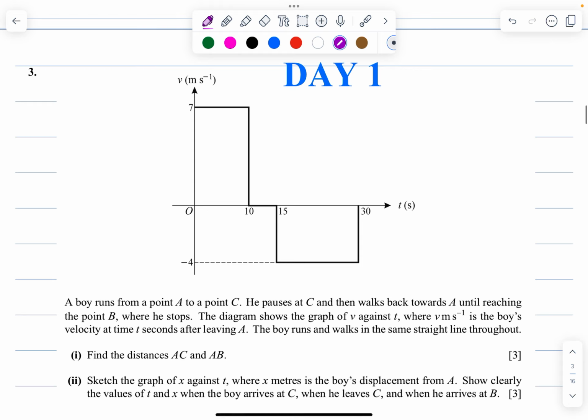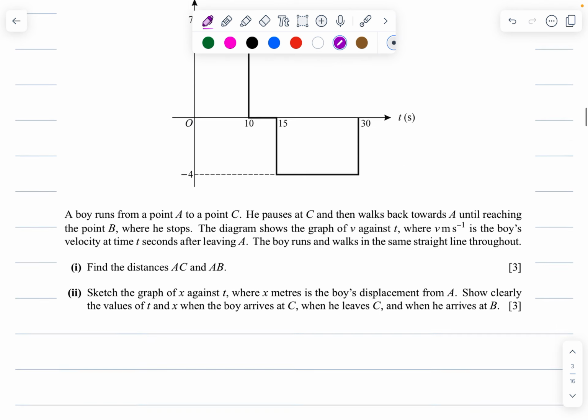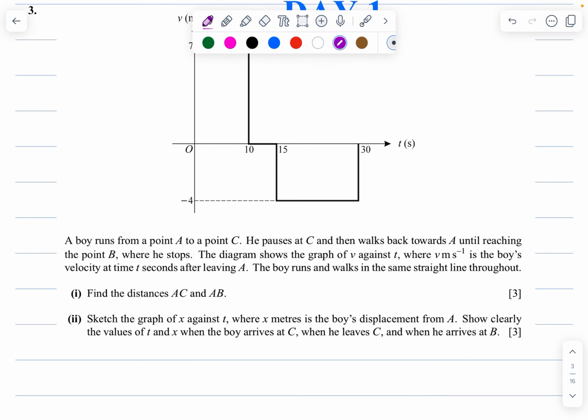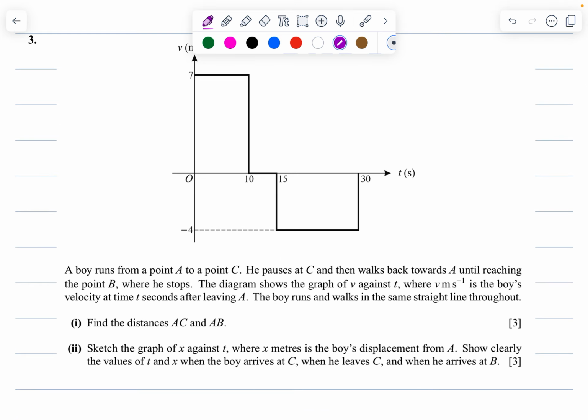Now coming to question number 3. In this question, a boy runs from a point A to C. He pauses at C and then walks backwards towards A until reaching a point B where he stops.